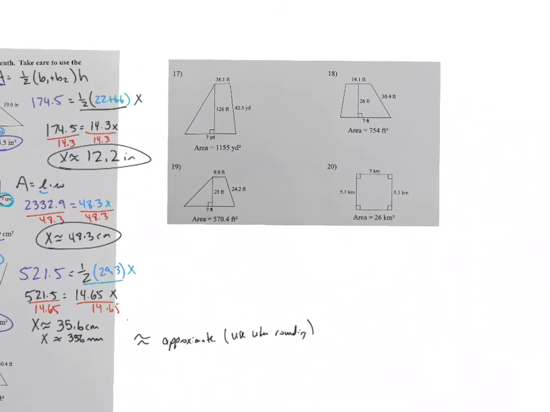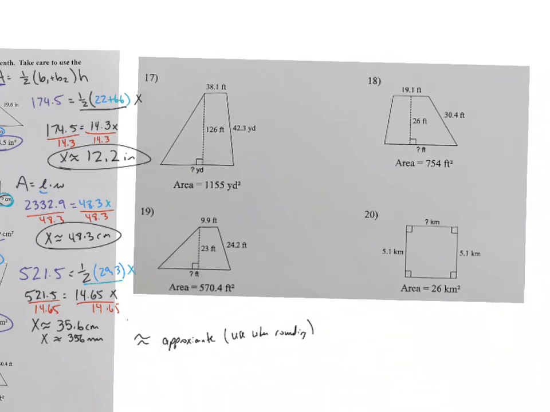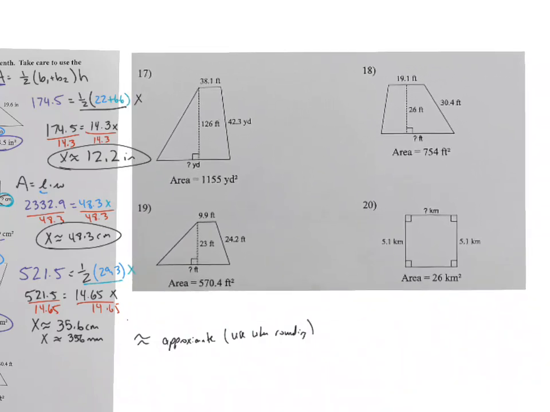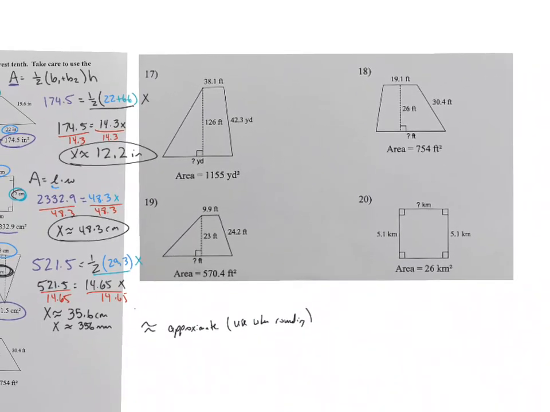Now I'm just going to do the exact same thing for 17, 18, 19. So 17, remember we have a trapezoid, so my formula is area is equal to 1/2 base 1 plus base 2 times the height. So my area is 1,155. Now we have to realize that this is yards.